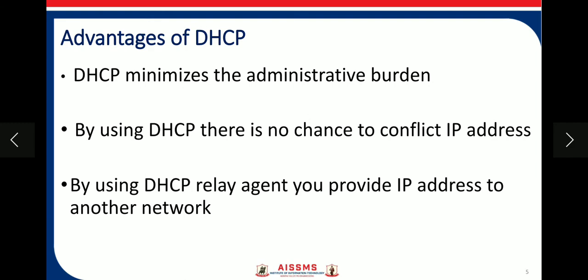The client can extend its lease, or send a message to the server before the lease expires, saying it no longer needs the address, so it can be released and assigned to another client on the network. By using a DHCP relay agent, you can provide IP addresses to another network.